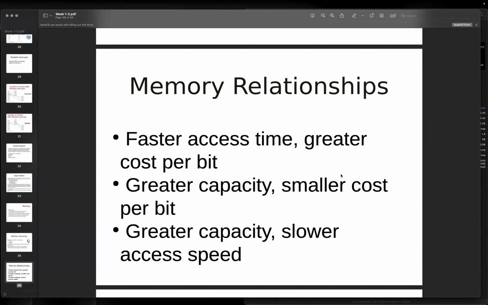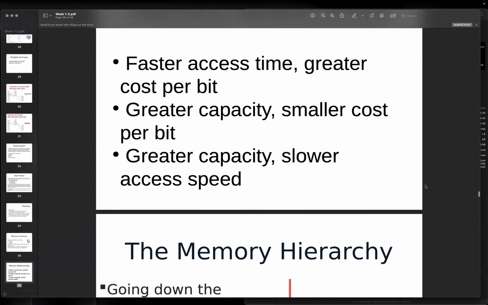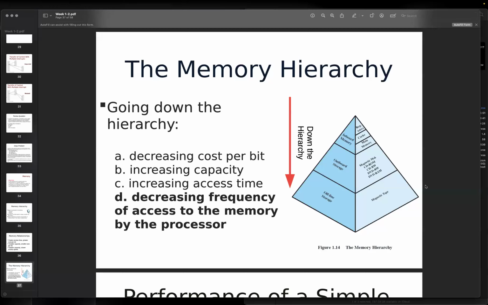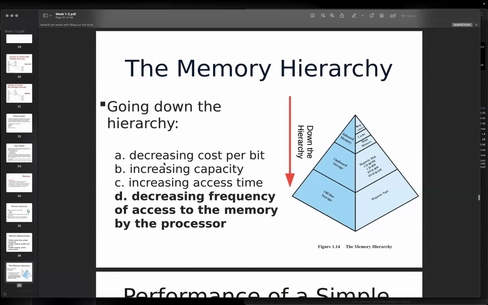So here is the relationship between all this memory. When we go down the hierarchy, we decrease the cost per bit, increase the capacity, and also increase the access time. The last one we try to address is decreasing the frequency of access to the memory by the processor.